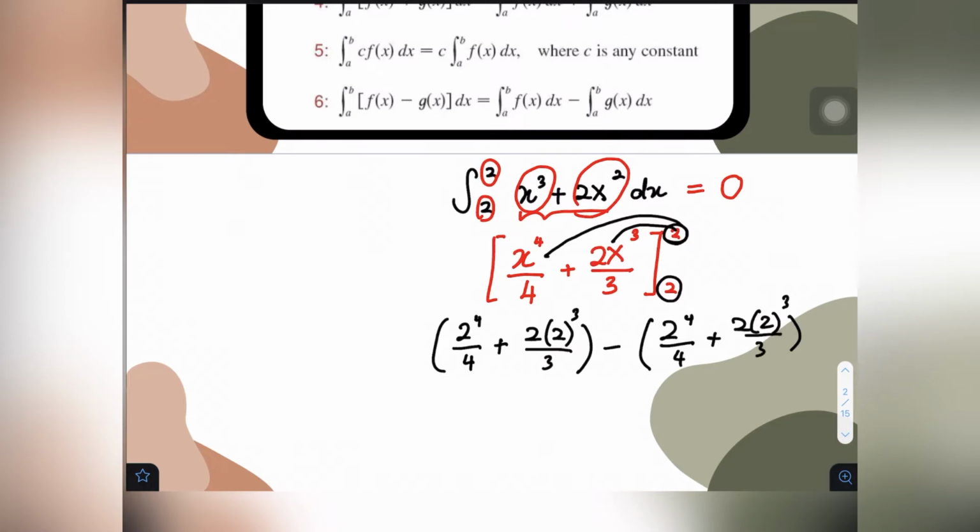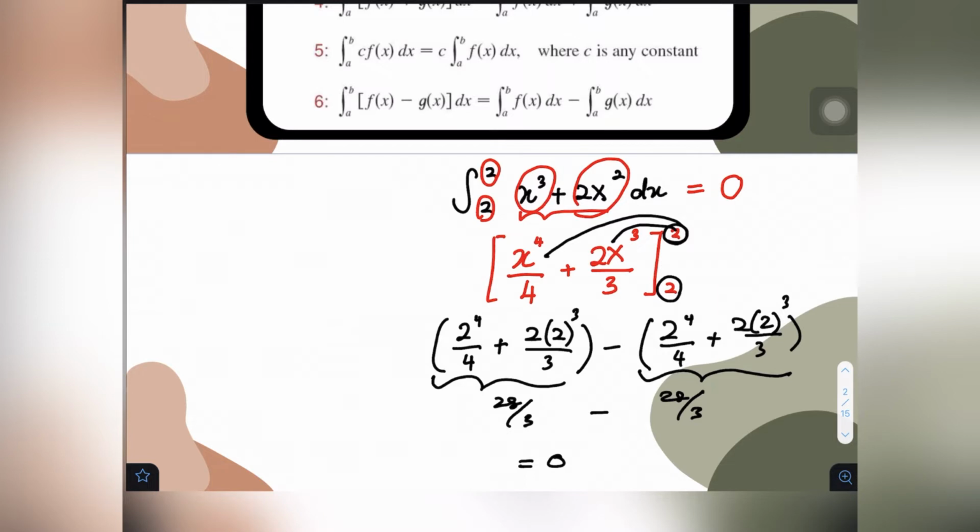If you can see, this one and this one have the same value. If you calculate here, this one is 4, this one is 16 over 3, so 12 plus 16, 28 over 3. So you get 28 over 3 here, minus this one, also 28 over 3. Of course, the final answer will be 0.